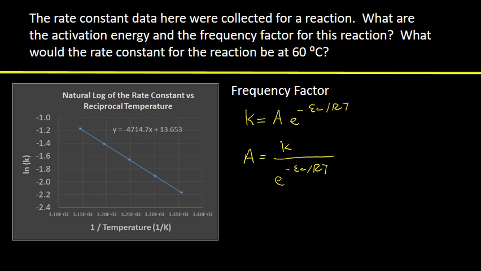And you should be able to calculate this using any pair. If you go back to the original data set, choose any rate constant and temperature combination, put in the activation energy of 39.2 kilojoules per mole, or 39,200 joules per mole, right? Put any of those in there and you can calculate the frequency factor.